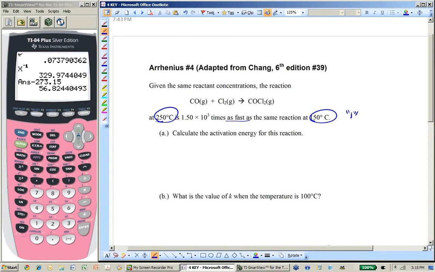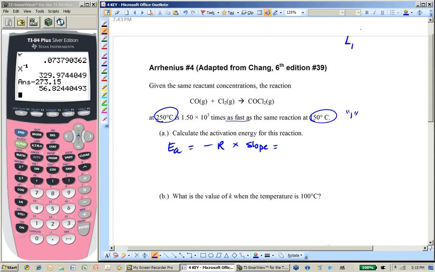So what we're going to do now is actually put that in, but we've got to convert these temperatures to Kelvin and make reciprocals. We're going to get a perfect R when we do this. So Ea is still equal to minus the gas constant R times the slope. I've just got to think about what I'm doing.